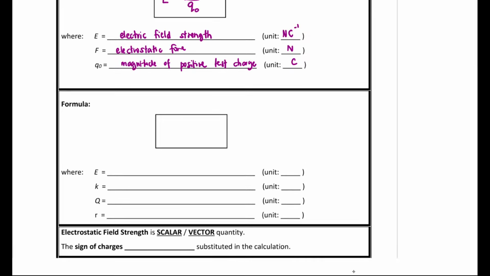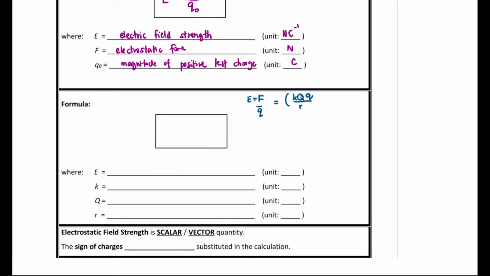Okay, and in your calculation, before you start calculation, first thing first, you need to draw the direction. Okay, kalau untuk electric field dengan force, mesti lukis dulu direction. And then second, in your calculation, the sign of charges, okay, kalau you ada negative sign, cannot be substituted in the calculation.